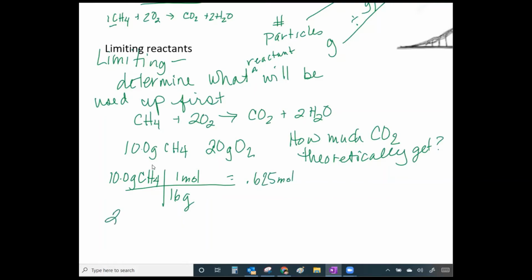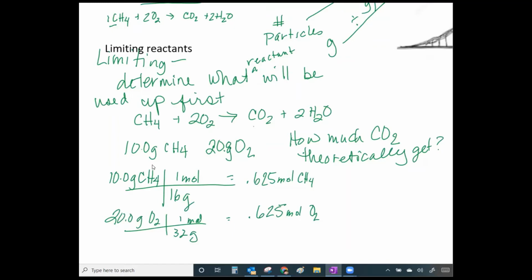Do the same thing, 20 grams of oxygen. Okay, that's weird. Oh, it's because oxygen's 32 and methane's 16. Okay, so we would have that amount of moles of methane available and oxygen available, okay?